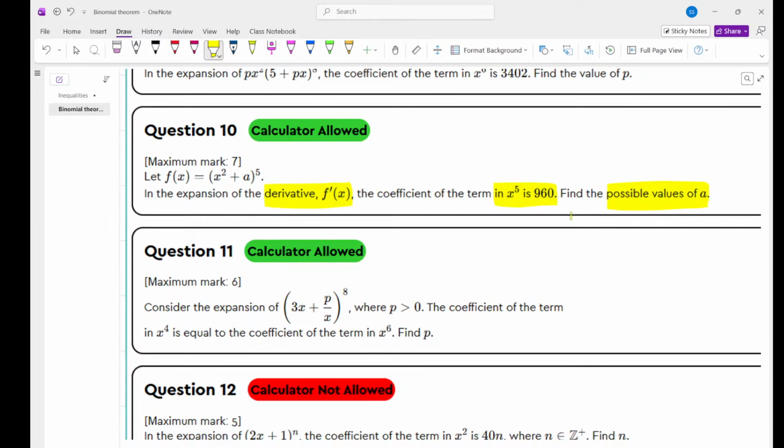Obviously, this is talking about the expansion of f dash x, not the expansion of f(x), isn't it? So first of all, can you tell me what should be its f dash x, if you have an idea?